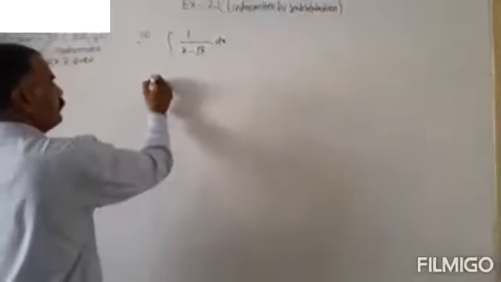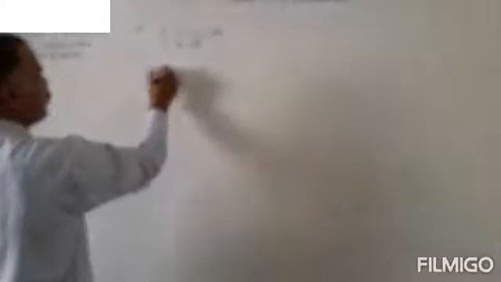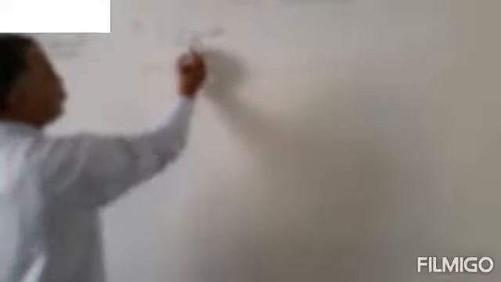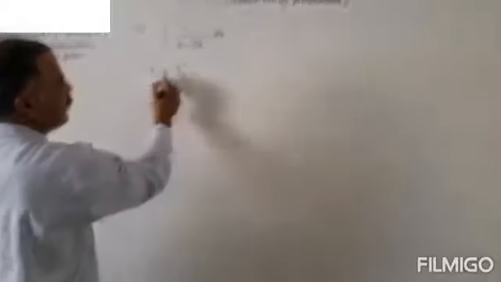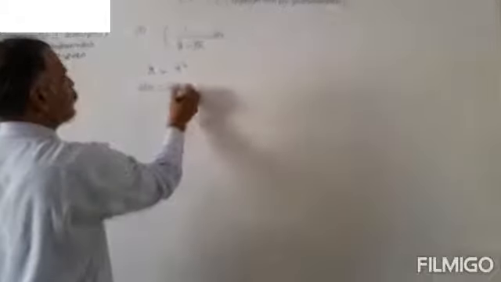Here the substitution is x equals t square. Due to this under root, we let x equal to t square, then dx equals 2t dt.